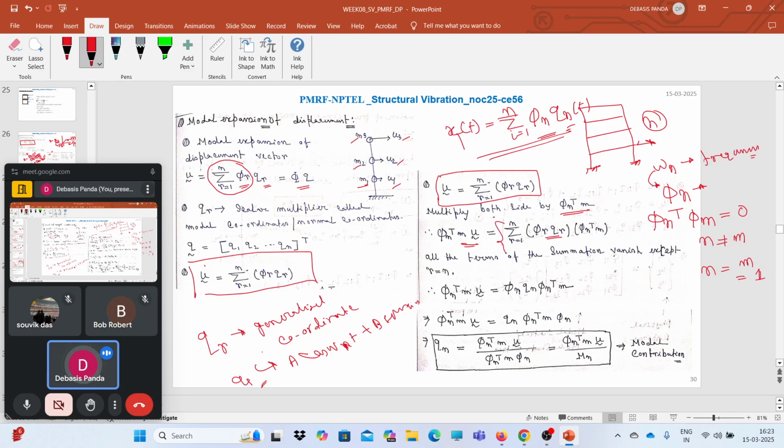So within that summation, the term is nonzero only when r equals n. Here we have considered two indices, one is n and one is m. All the other parts of this summation will vanish, only the part where r equals n, that means m equals n, will sustain.